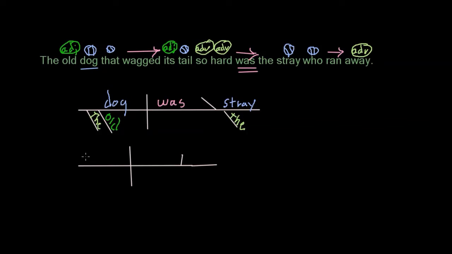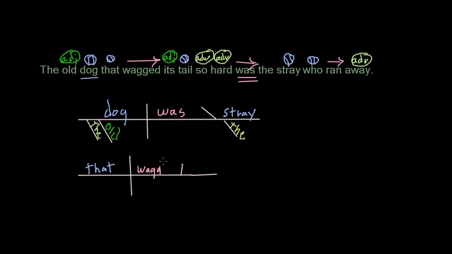Our subject in our first relative clause is the pronoun that, the relative pronoun, sometimes called a demonstrative pronoun. The verb is wagged, which is a transitive verb because we have a direct object.